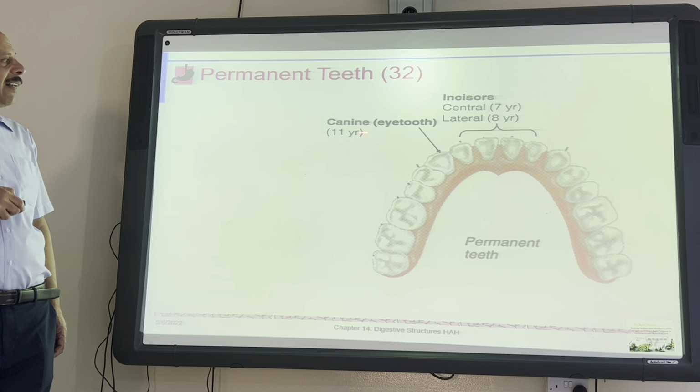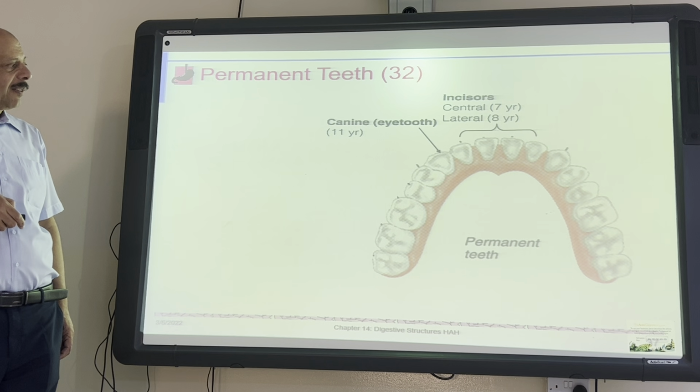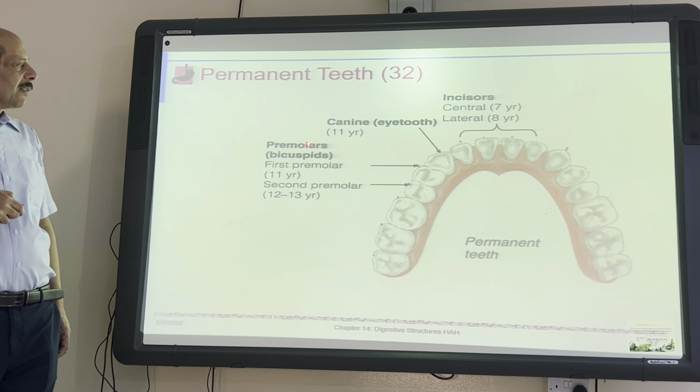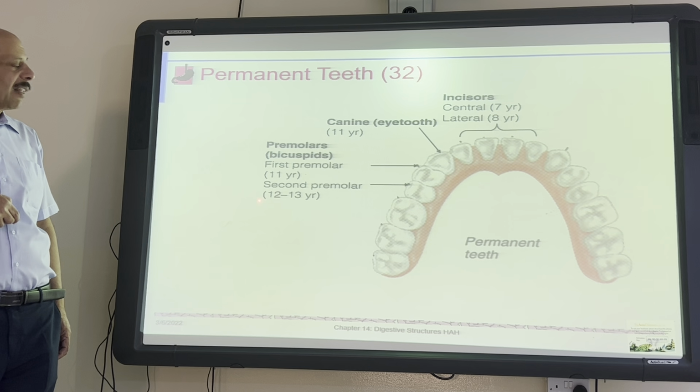Then the canine or the eye teeth at the age of 11. The first premolar at the age of 11. The second premolar at the age of 12 or 13.